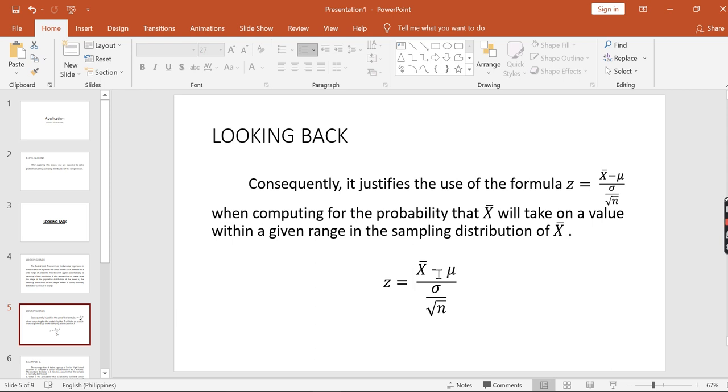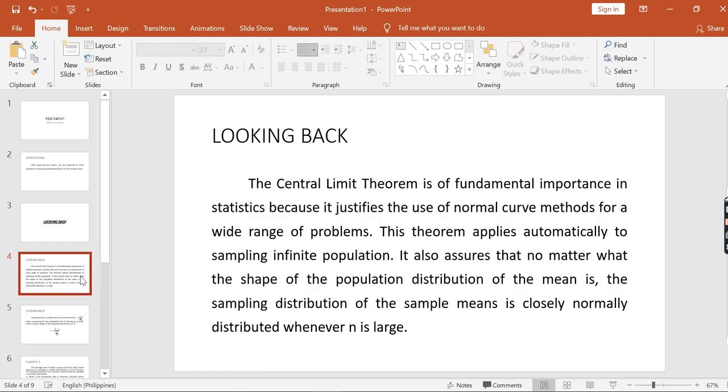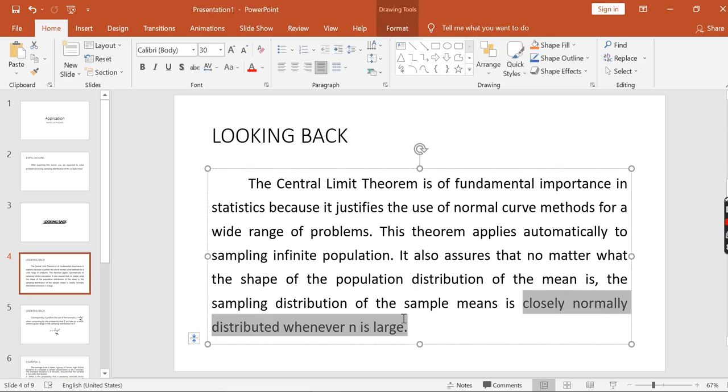I hope you are still familiar with z, since we are dealing with a normal distribution, meaning the sample mean is closely normally distributed.